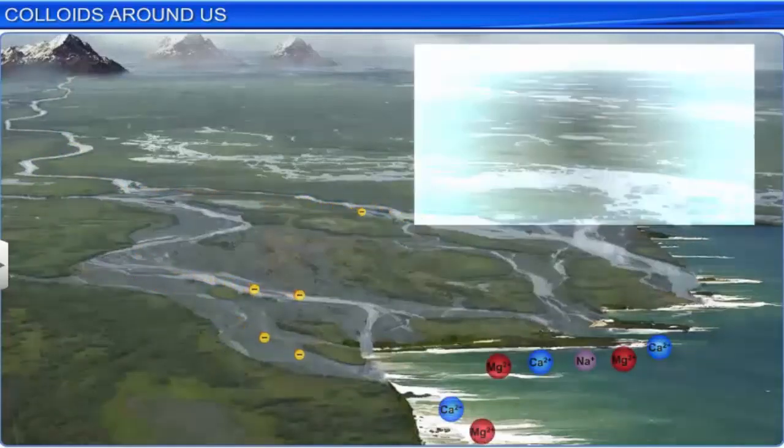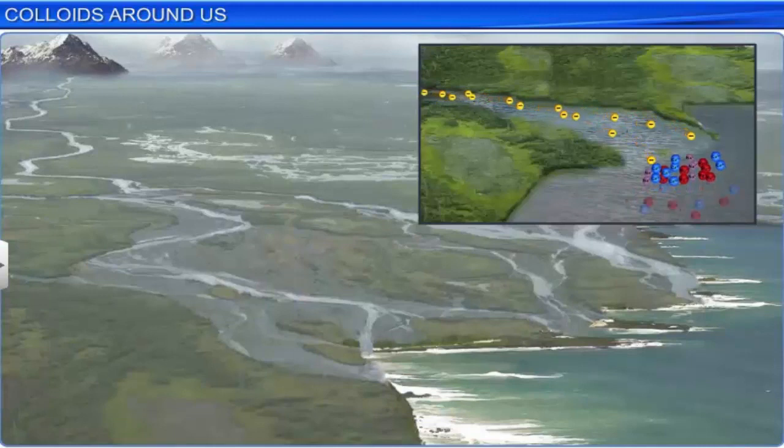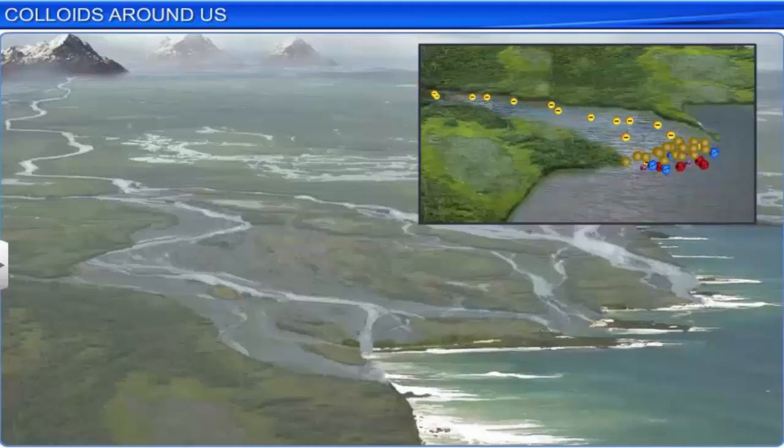When river water comes in contact with seawater, the positively charged ions of the electrolytes coagulate the negatively charged colloidal particles, which settle down. The level of the riverbed rises, forcing the stream of water to split. This happens again and again, and over time the river takes the shape of a delta.